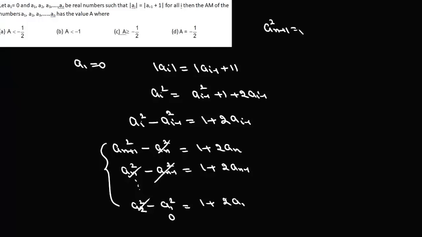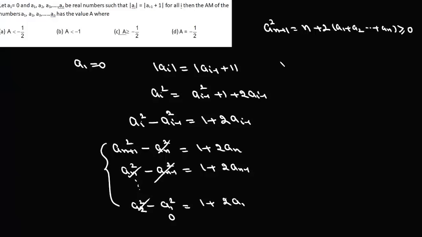So from here we can write A square (n plus 1), it will be 1 plus 1 plus 1, n times. So there will be simply n plus 2 times A1 plus A2 up to An, and we know that the square of any number is greater than or equal to 0.